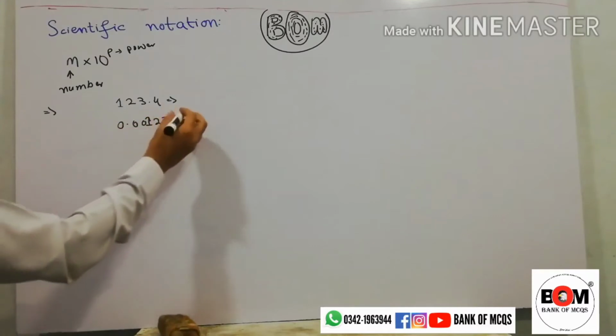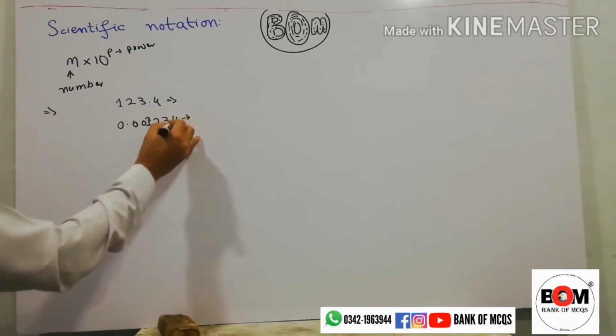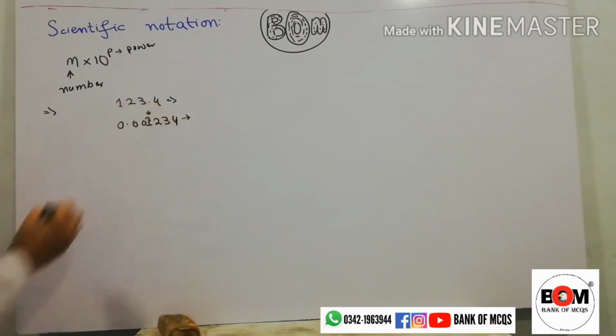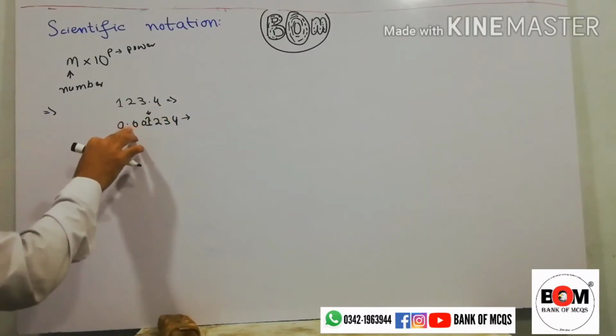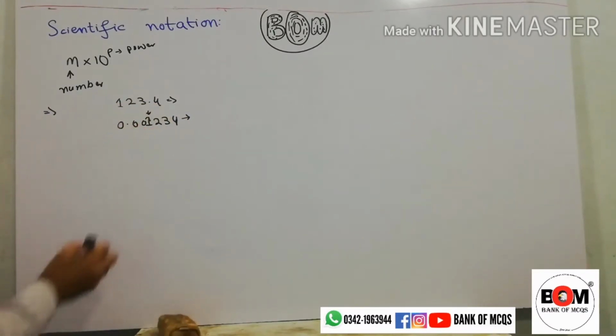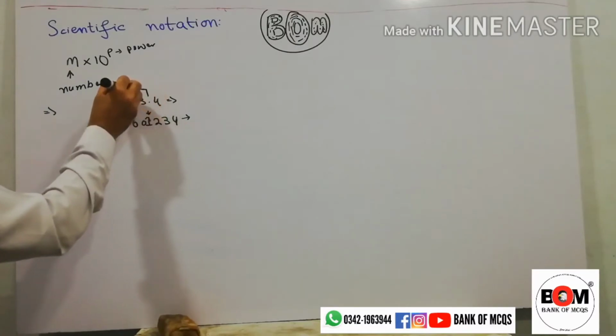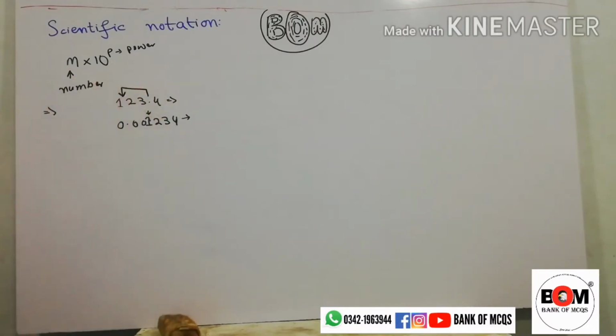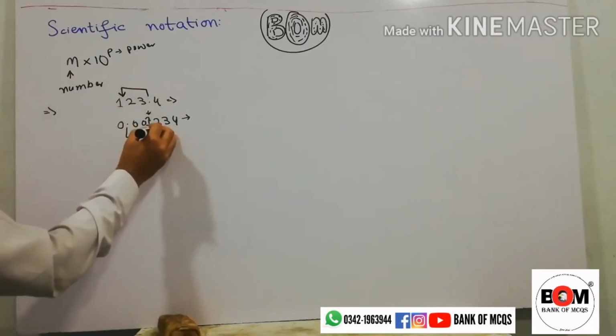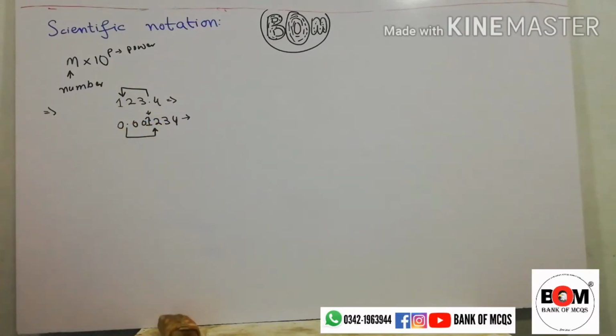We can write this in standard form by moving the decimal to the right of the first non-zero digit. In the first case we move the point to the right of 1, and in this case again to the right of 1.